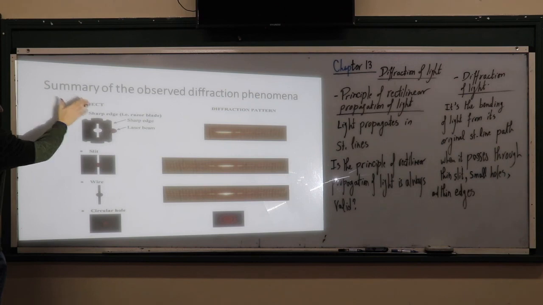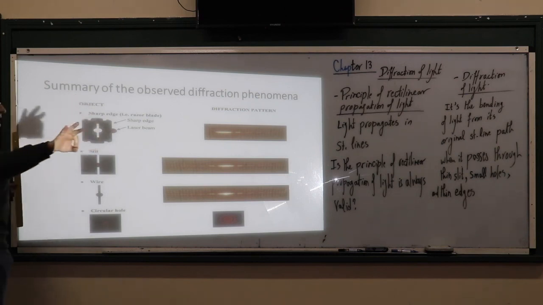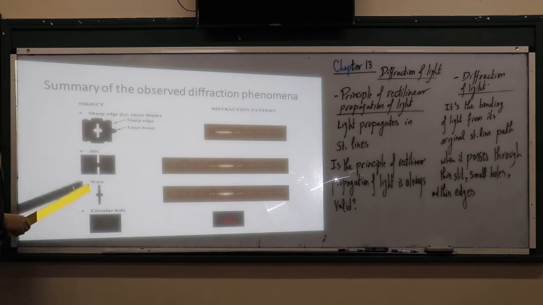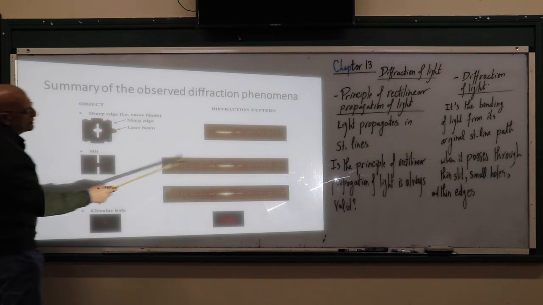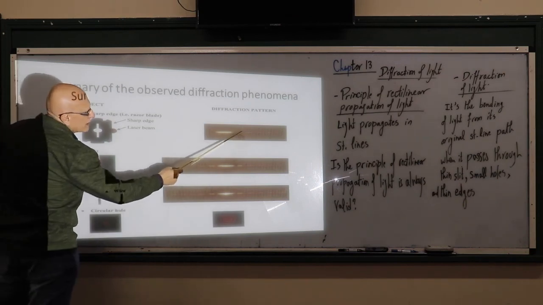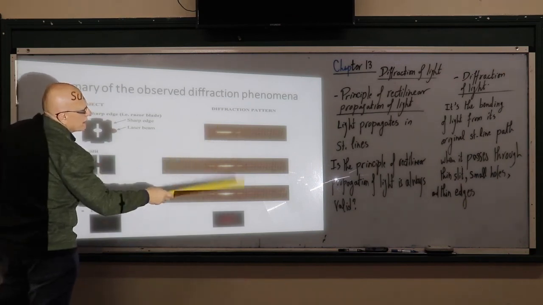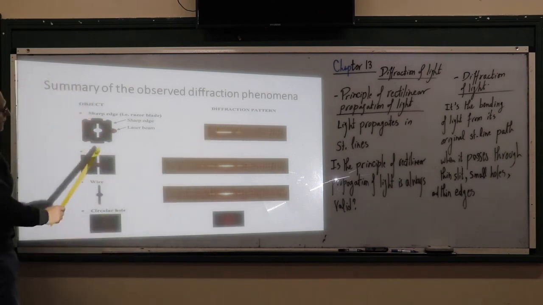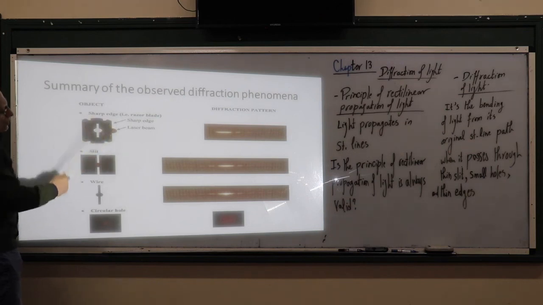This is a front view. A laser beam is striking the edge of the razor blade. What do you observe here? You observe alternating bright and dark spots here at this point, and also behind the razor.